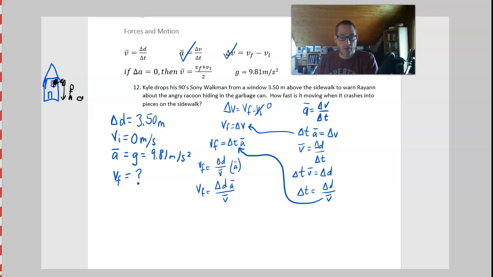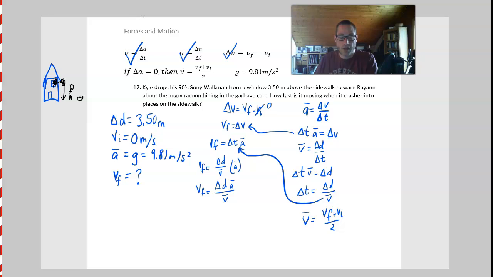Okay. Do we have A bar? Yes. Do we have delta D? Yes. Do we have V bar? No. We have VI. So this equation now has been done. We only have this equation left. Good thing is it has V bar. It actually has it written in there, so I wouldn't necessarily have to write this down, but I will just to show which one we're using.